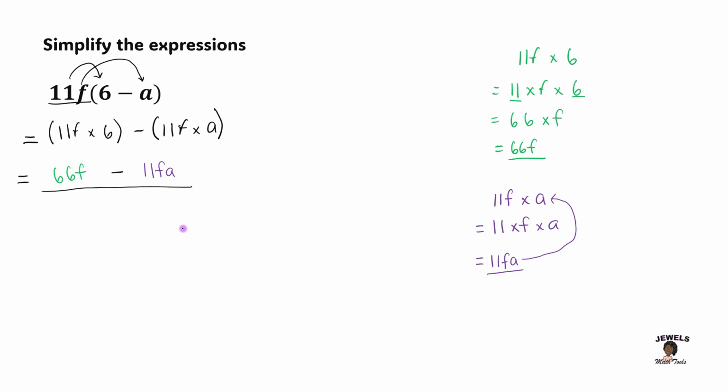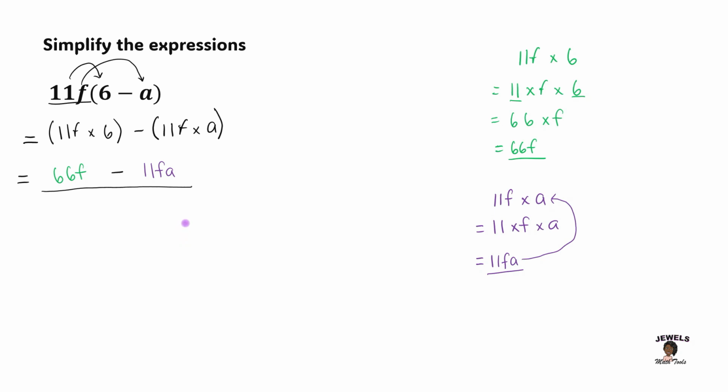So that means that for these to be considered like terms, 66f would also have to have fa written so that it can be the same as 11fa, or our 11fa would only have to have 11f for it to be considered the same like term as 66f. But because they are different simply because 11f has an a attached to the end or multiplied along with its term, these two terms are considered unlike terms.